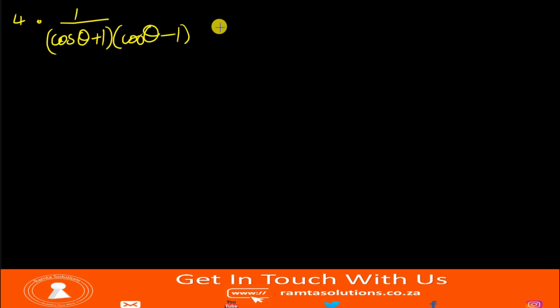Number 4 was 1 over cos theta plus 1, all multiplied by cos theta minus 1, is equal to 1 over tan square theta cos square theta.